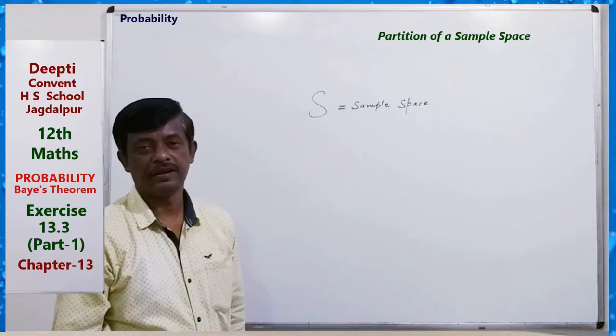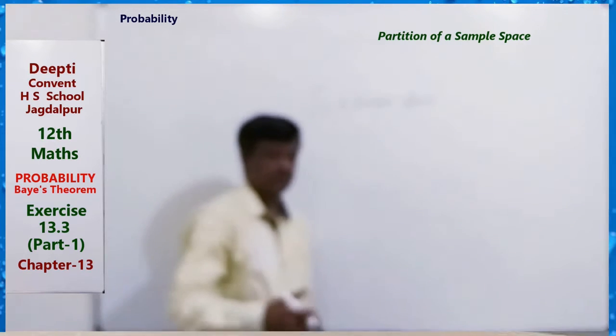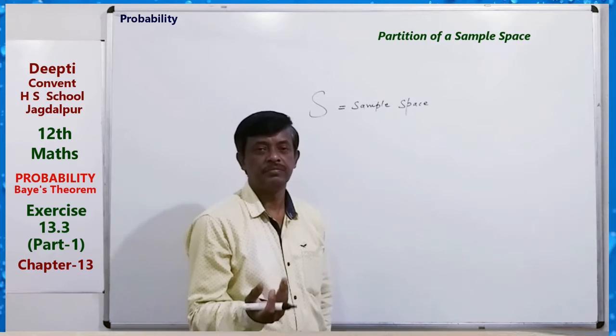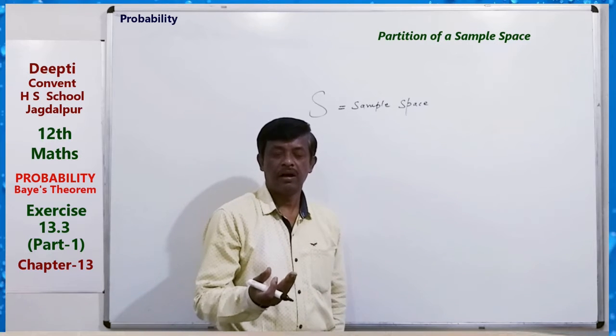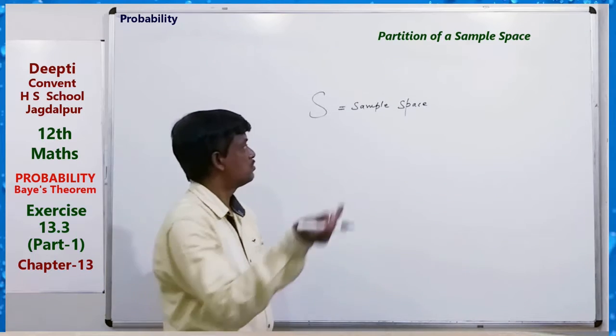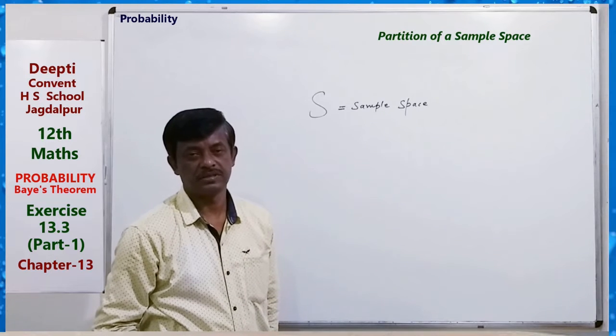Whenever an observation is done, we have some outcomes, and the outcomes are in the sample space.